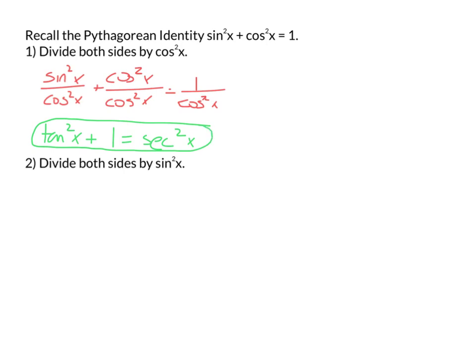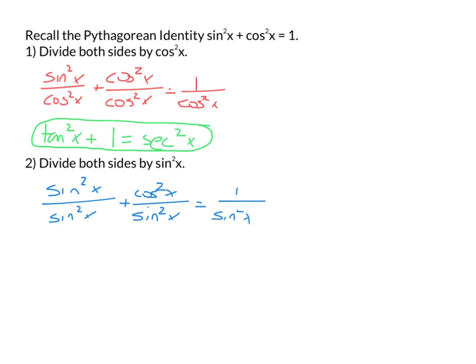What if we do the exact same thing, but this time we divide by sine squared? So we have our original sine squared of x, now divided by sine squared, plus cosine squared of x, now divided by sine squared of x, and equals 1 divided by sine squared of x.